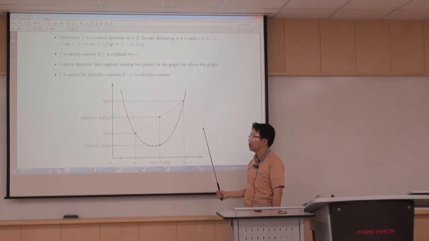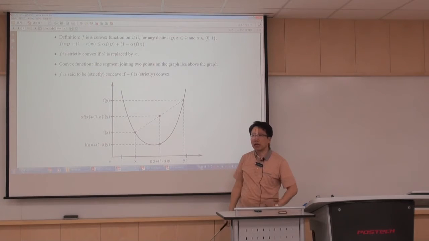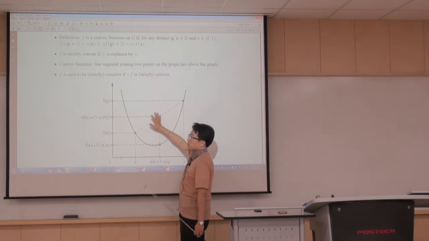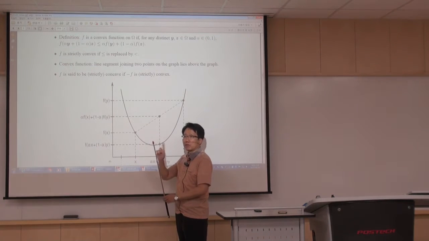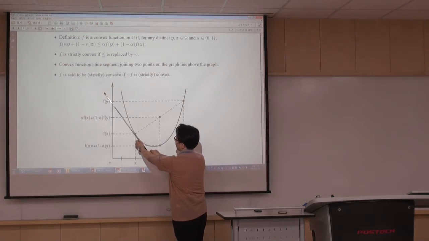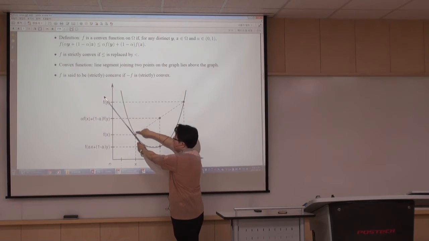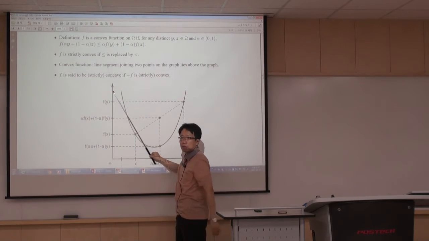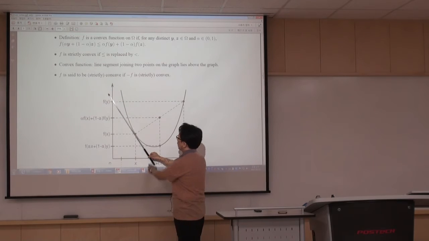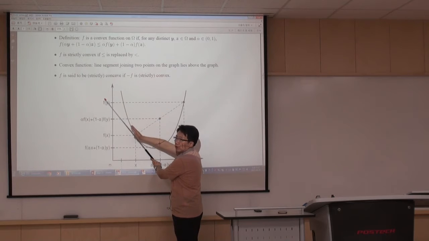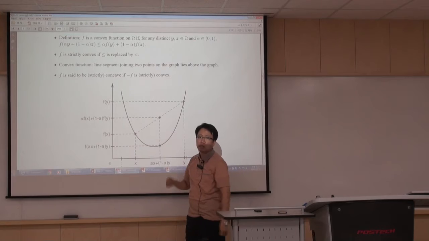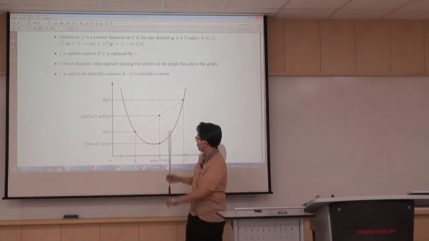Got it? As we will see, another interesting thing is this. If a function is convex, then for any linear approximation, first order approximation, so in this case this straight line at x, the entire function is above this supporting plane. Precisely speaking, supporting hyperplane. See that?